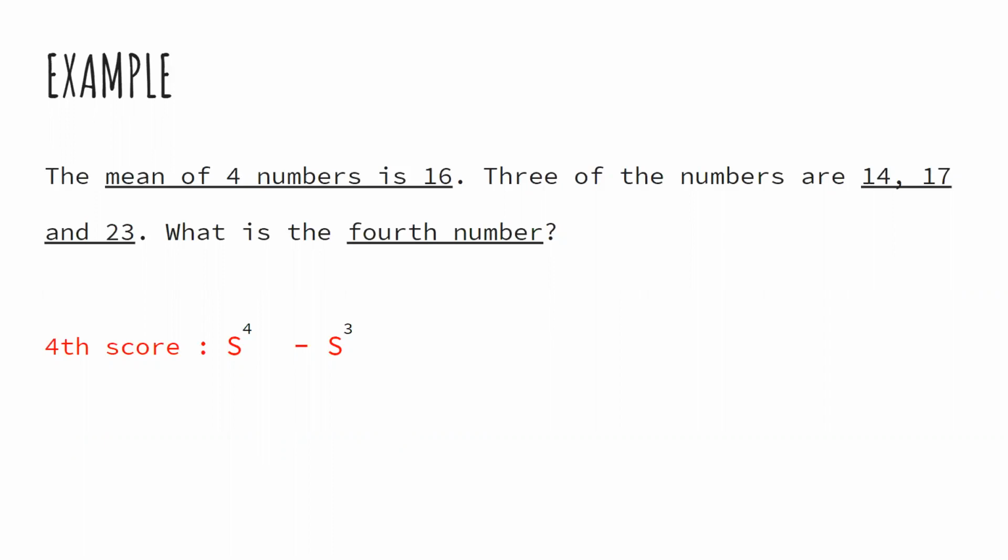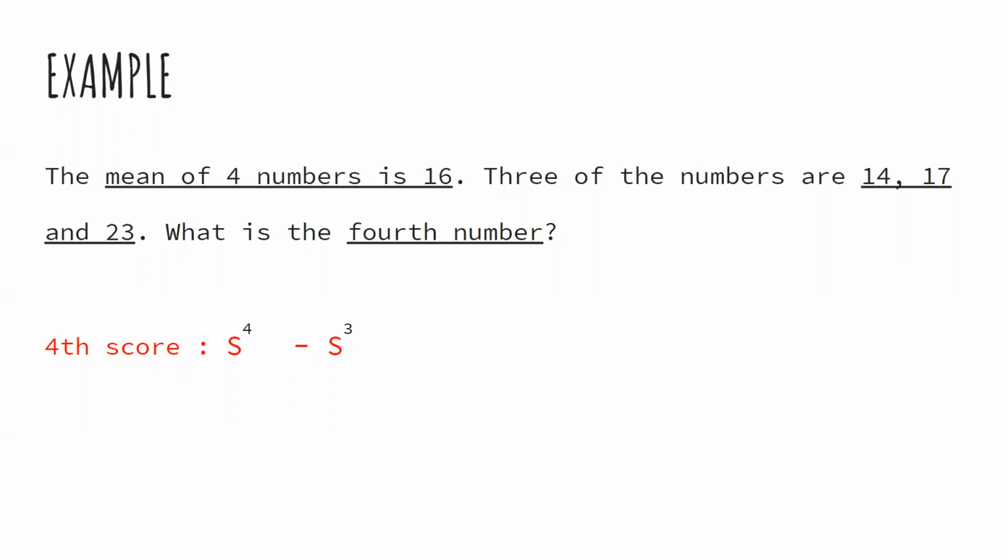We use the formula for sum, right? The mean multiplied by the number of values. So what is the mean? Well, according to the problem, the mean of the 4 numbers is 16. And what is the number of values? 4. So 16 times 4 gives us 64.